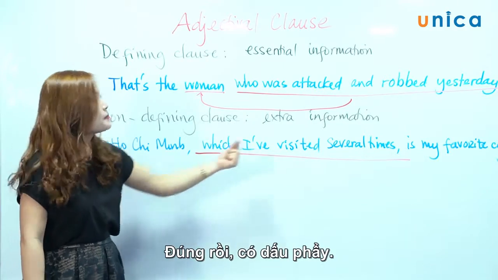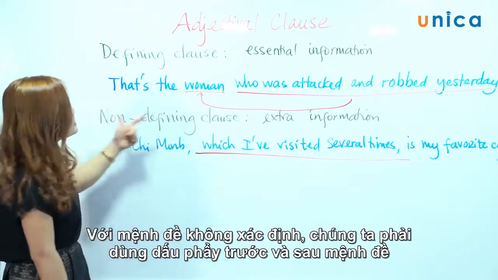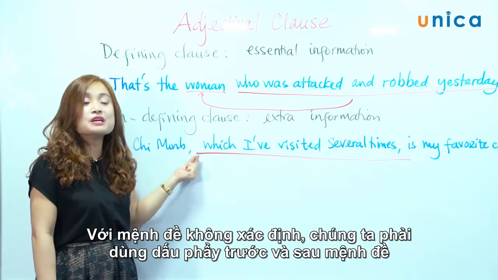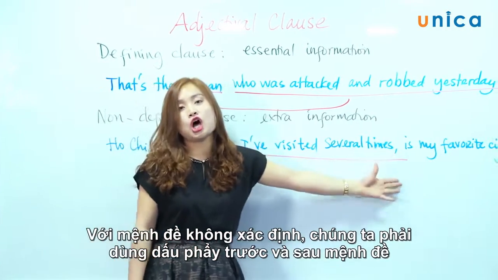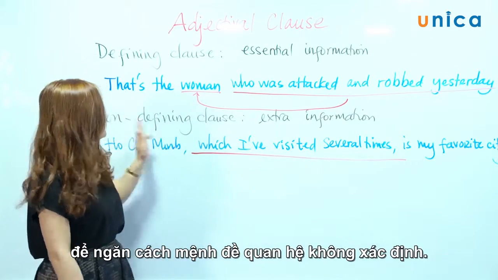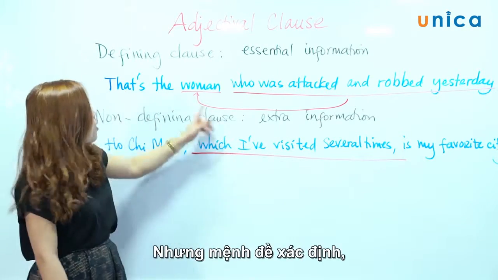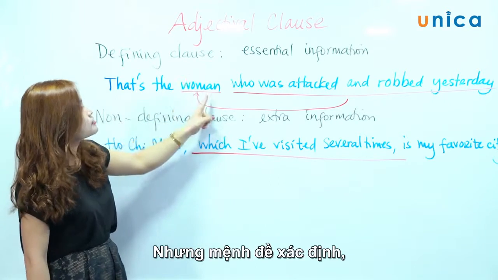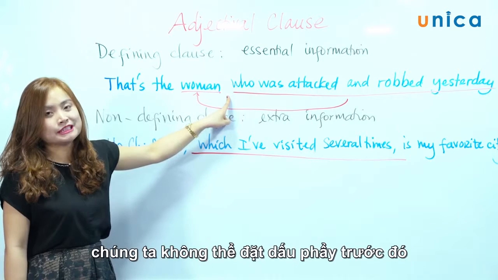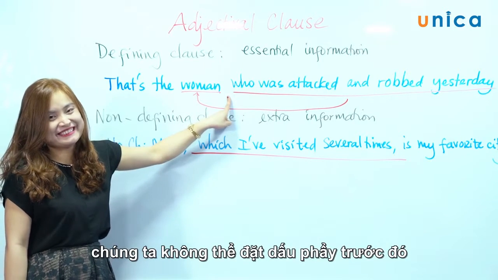Of course, the comma. So for non-defining clause, we have to use comma before and after the clause to separate the non-defining clause. However, for defining clause, of course, we can't put a comma before that.